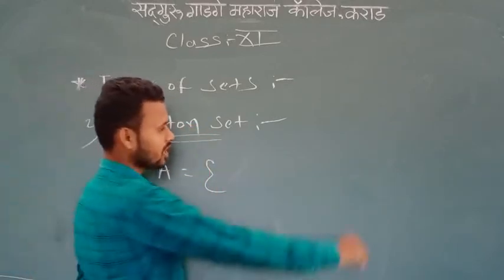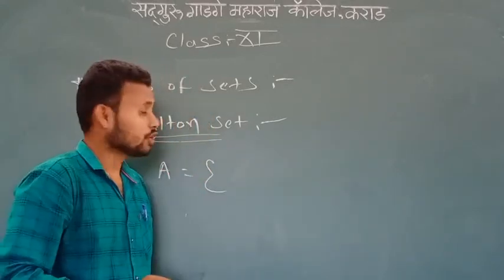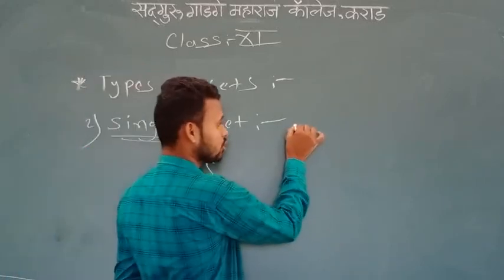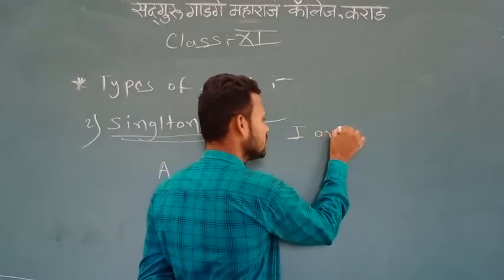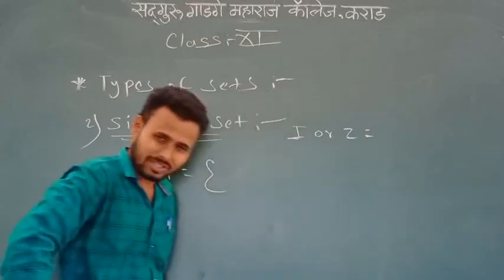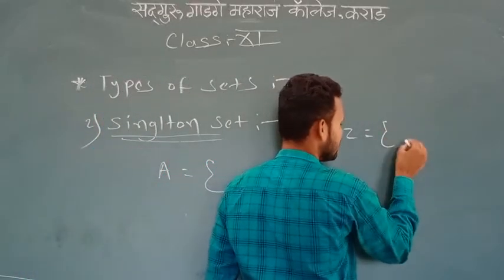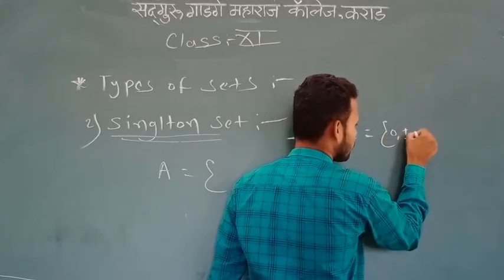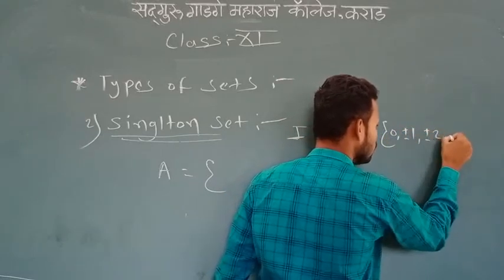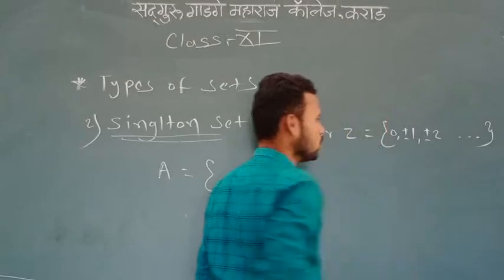Before that, we know that the set of integers is denoted by I or Z, and it contains the elements 0, plus or minus 1, plus or minus 2, and so on.